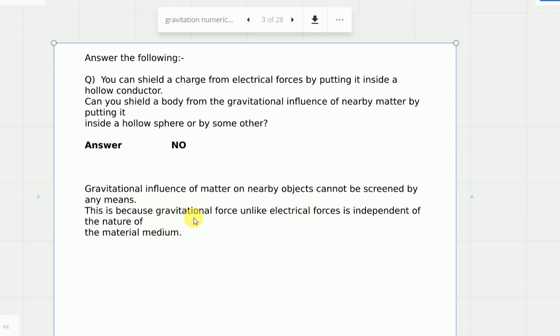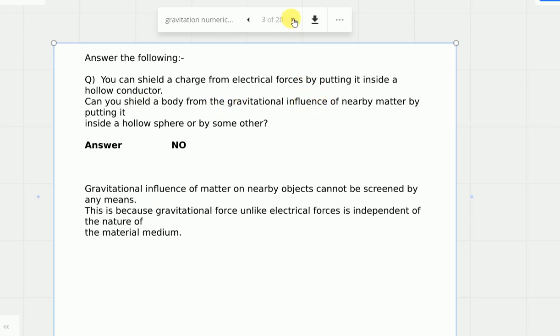Unlike that, gravitational force does not depend on the nature of the medium, so you cannot put any object to shield it from gravitational influence.